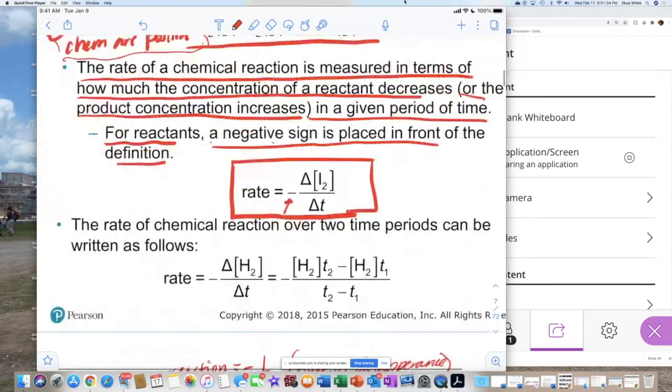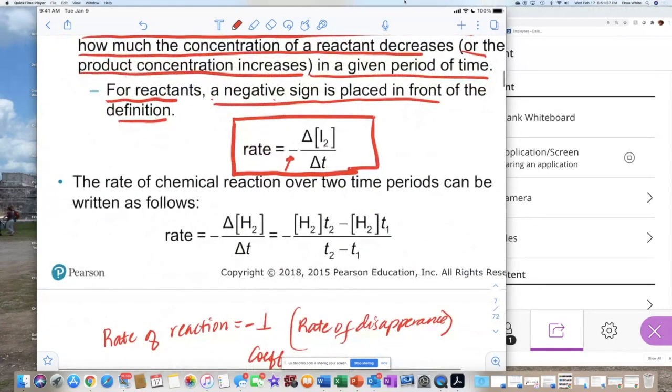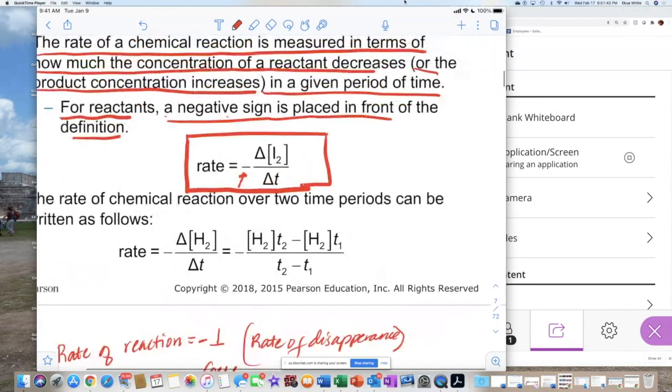Okay. So because the concentration of the reactant is decreasing, I want to say right here, the reactant, let me call it R because writing the word reactant is just taking up a lot of space. We're going to do the reactant final concentration minus reactant initial concentration to figure out the difference.